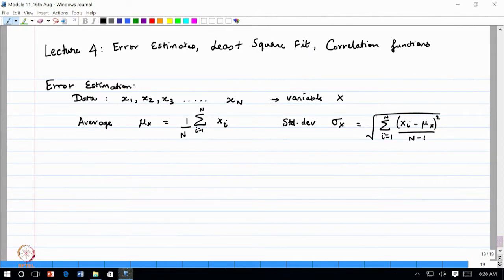Okay. So, this is the definition of the average and the standard deviation.